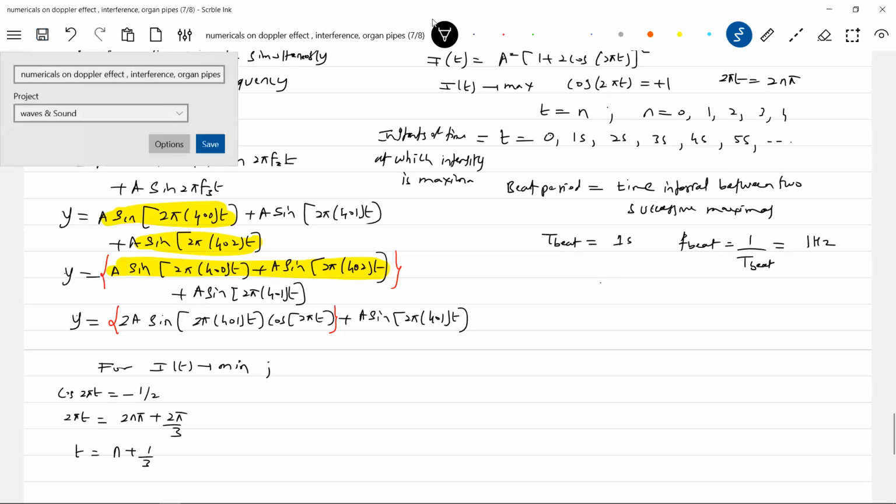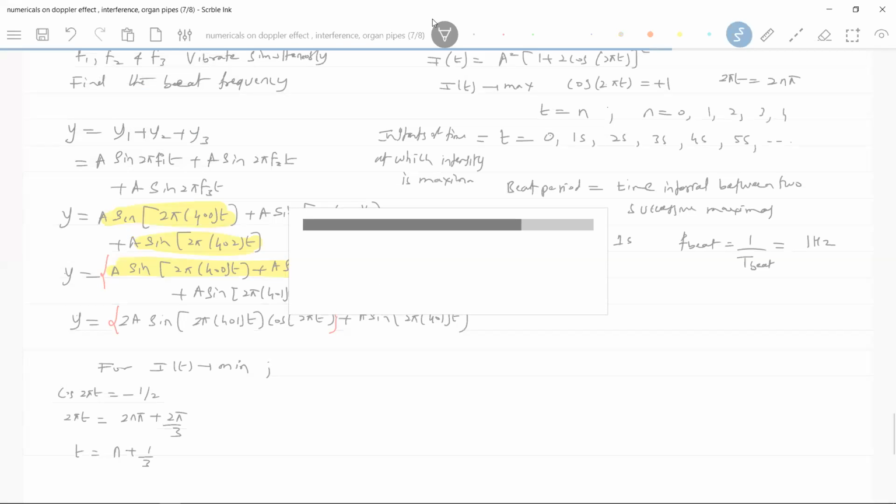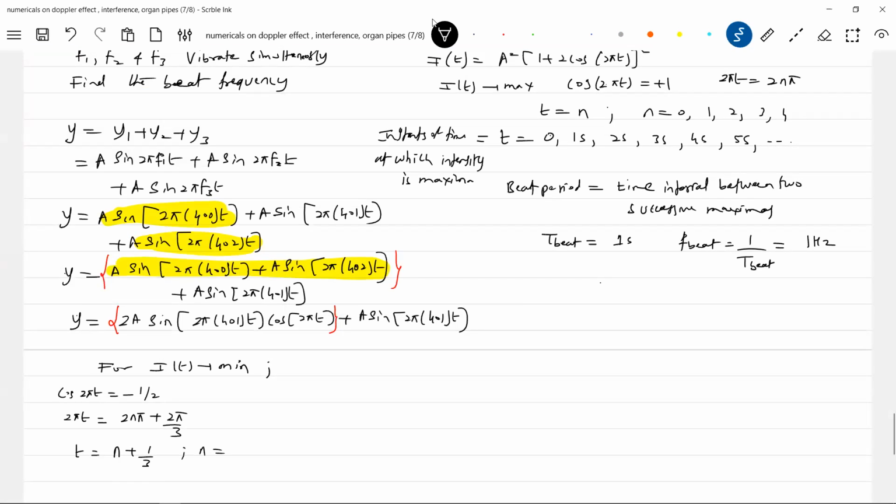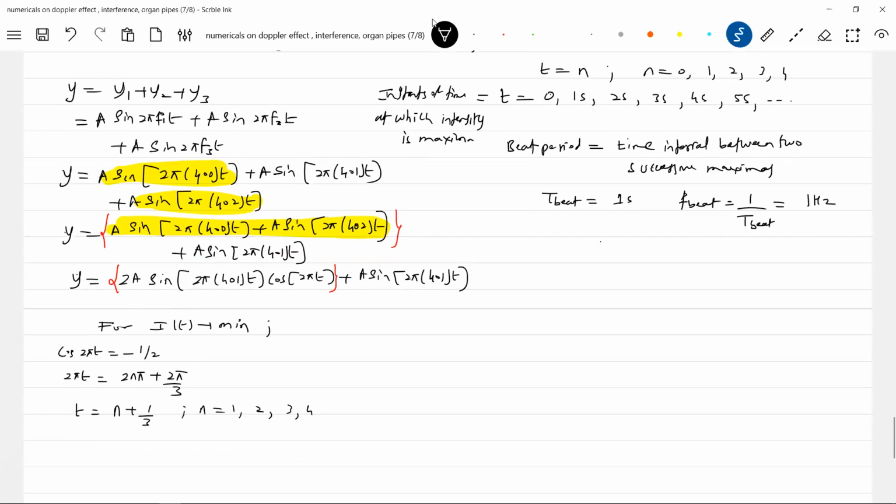Take help of your trigonometry conditions. What are n? n will start from 1, 2, 3, and so on. So now I got the instants of time. This I'll write as, it will start with n equal to 0 also, no? Yeah. 1 by 3 seconds, 2 by 3 seconds.